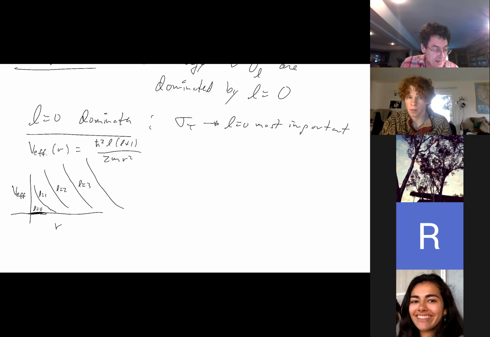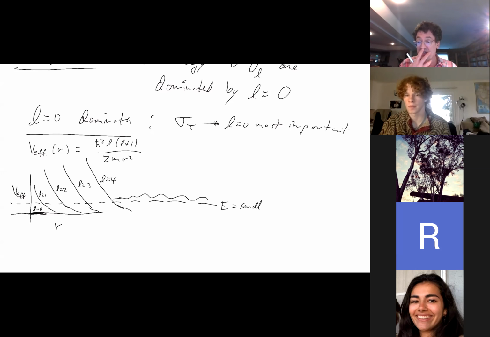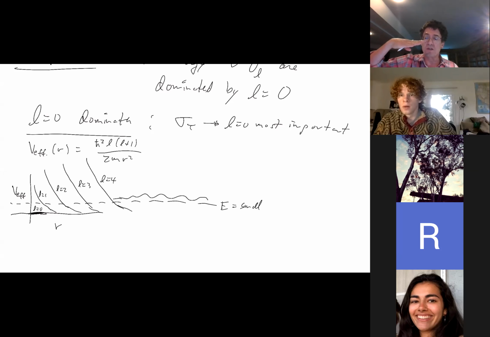And so what happens then is that if I have a low energy, and this is my small energy, then if you're far away from the potential, your wave function is wiggly, but as soon as you hit the potential, what does your wave function do? Intuitively, from last semester.